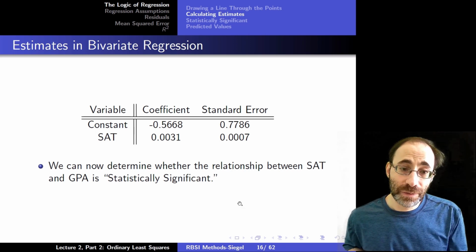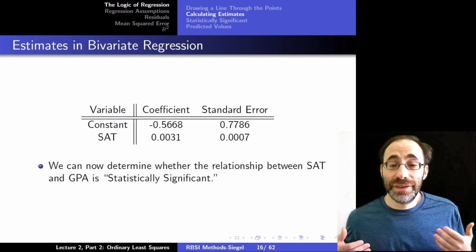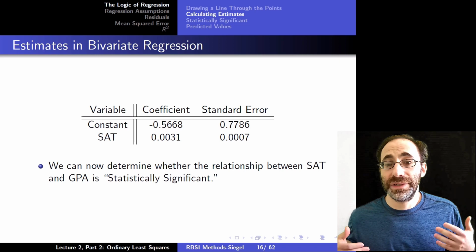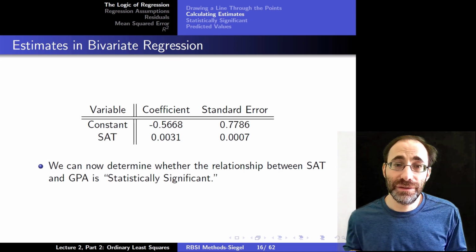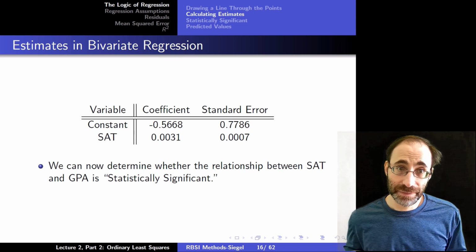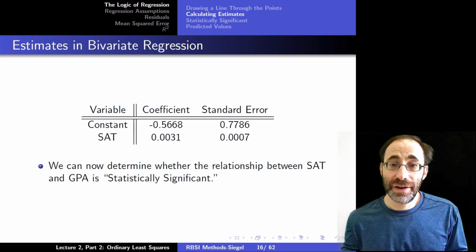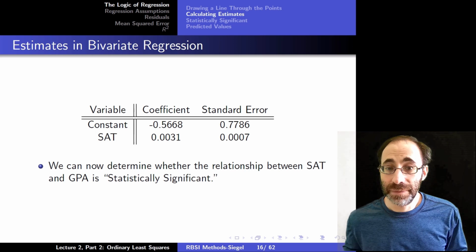So now what we need to do is figure out whether or not that coefficient on the SATs has statistical significance, whether or not we believe it is meaningfully different from 0. Remember, just like before with simple bivariate correlations, this isn't much different.